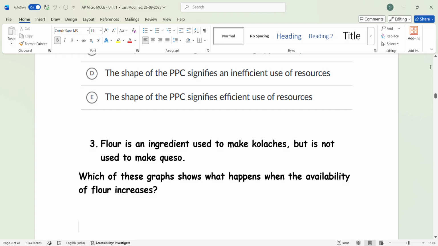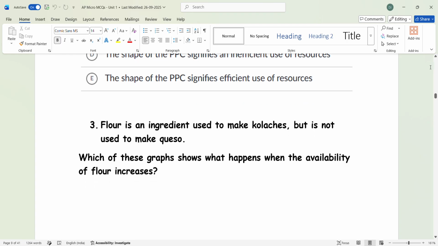Flour is an ingredient used to make collages but is not used to make kuso. Which of these graphs show what happens when the availability of flour increases?